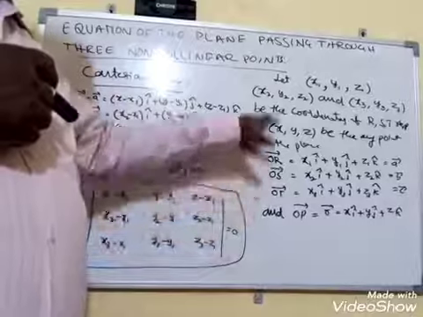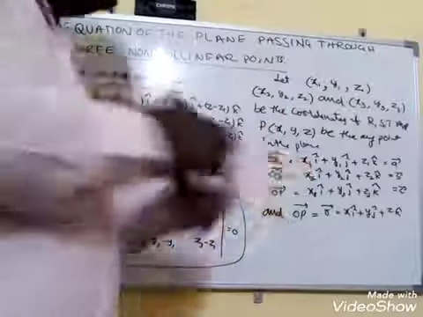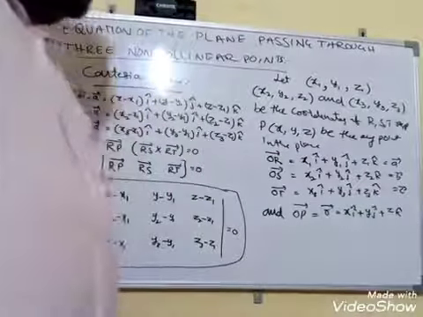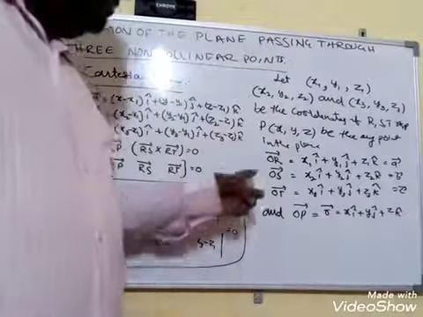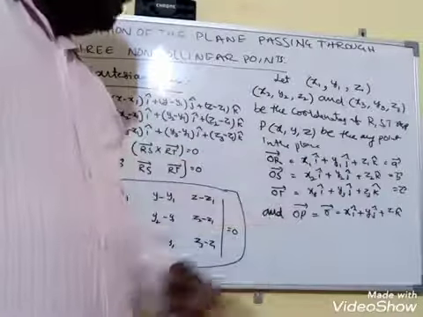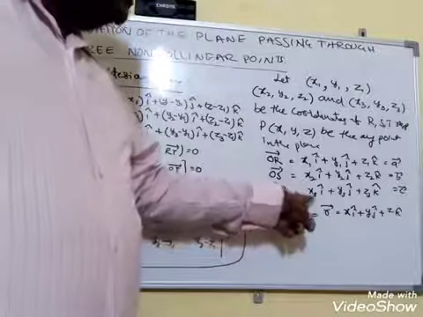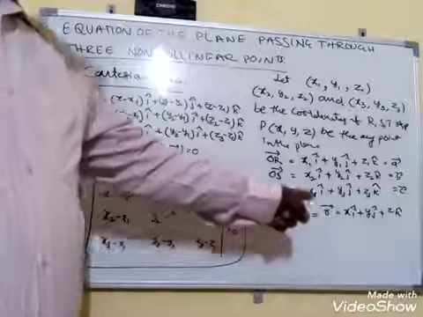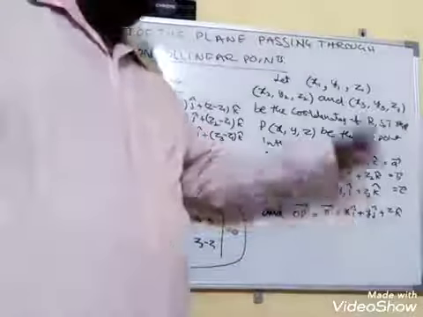OR bar is the position vector x1 i plus y1 j plus z1 k, that is A bar. Similarly, OS bar is x2 i plus y2 j plus z2 k, that is B bar, and OT bar is x3 i plus y3 j plus z3 k, that is C bar, and OP bar is R bar, that is equal to xi plus yj plus zk.